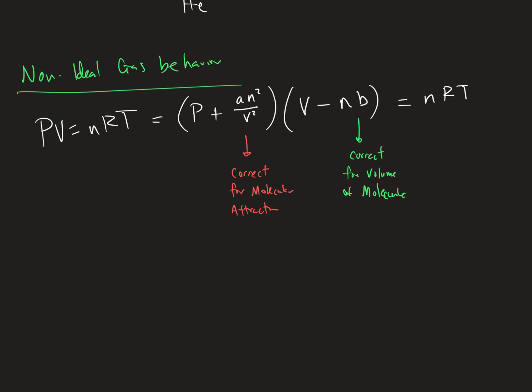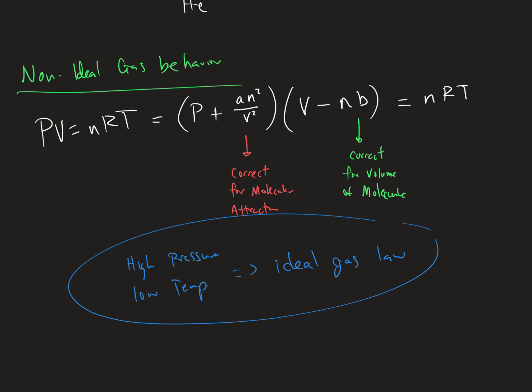For high pressure and low temperature, that's where we can just do the ideal gas law. Too low of pressure, too high of temperature, we don't have to worry about that. Okay?